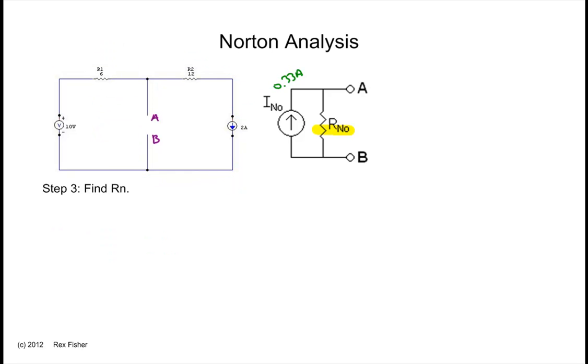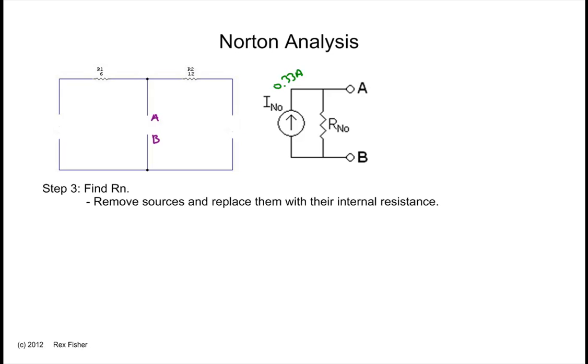The next step is to find the Norton resistance. To do that, we remove the sources and replace them with their internal resistance. The battery has an internal resistance of 0, so we'll short that one out. The current source has an internal resistance of infinity, so we'll leave that one open.